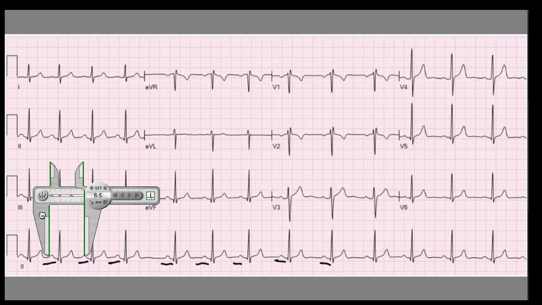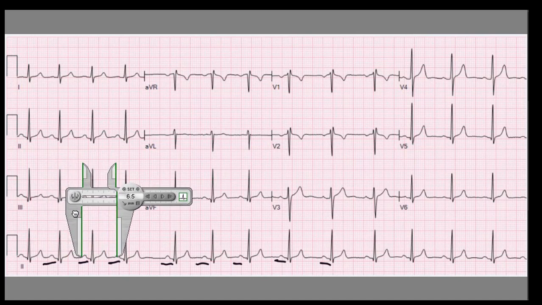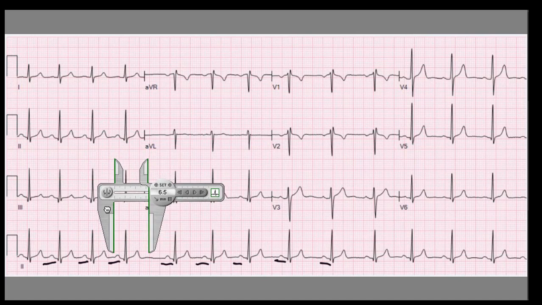This is the P to P interval in the first heartbeat. Same again. Here it has deviated a bit, but that's because respiration has an effect on our heart rate. When the heart rate changes, the interval changes too. We will learn that in the next lecture on sinus arrhythmia.